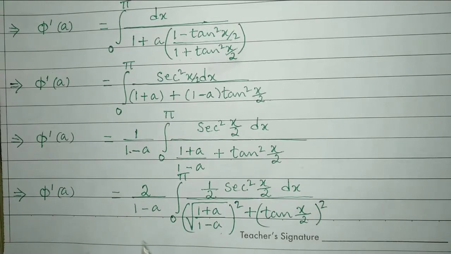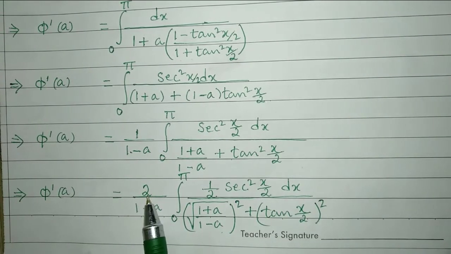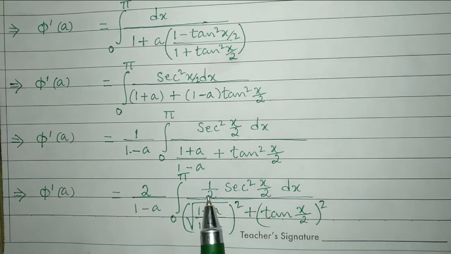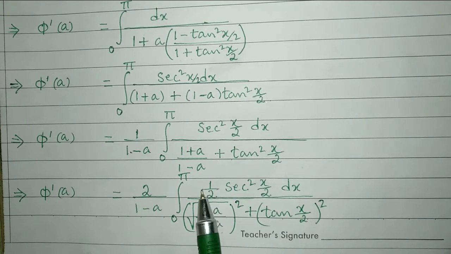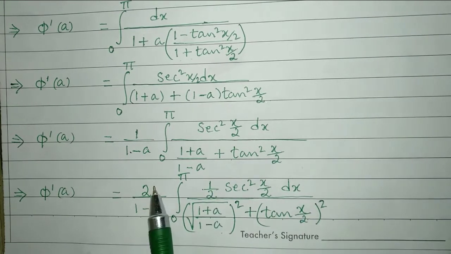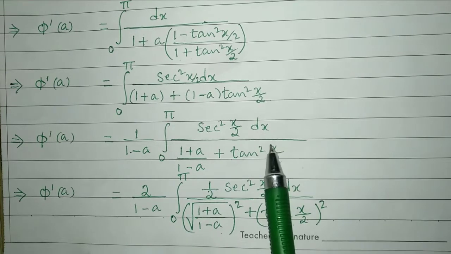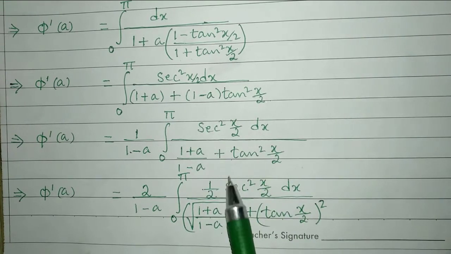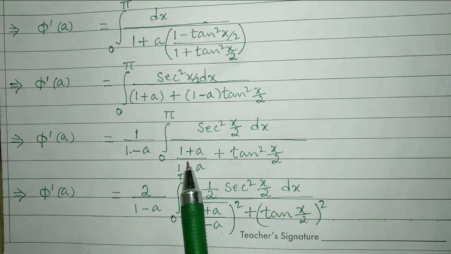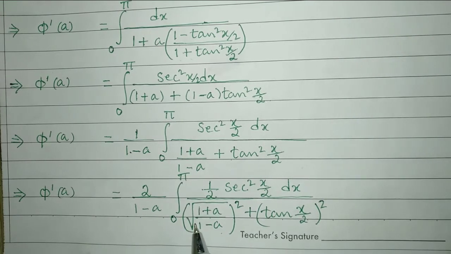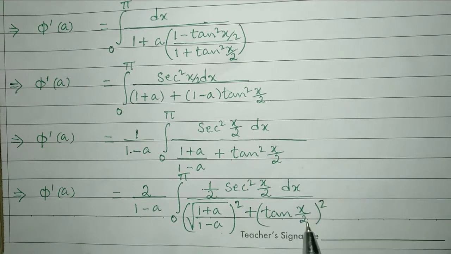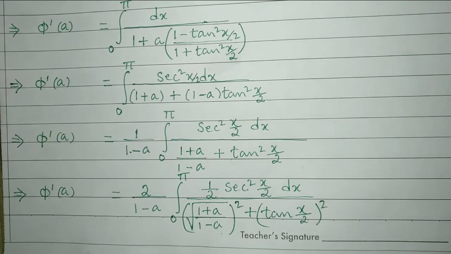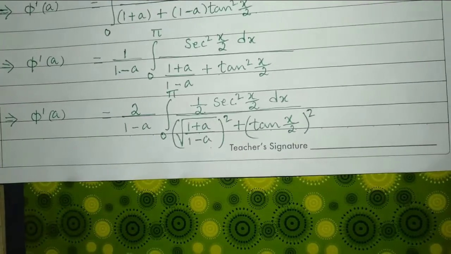In the next step we put 2, and since we have put 2, we have to put half here so that they cancel and we come back to the original one. For this we put under a square root along with a square, and tan x/2 whole thing squared.